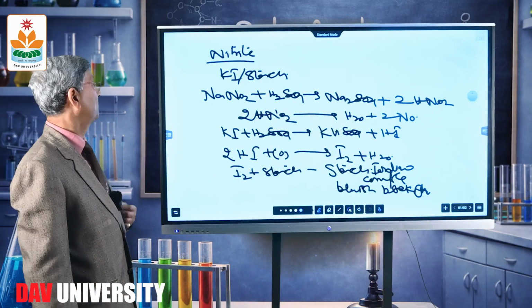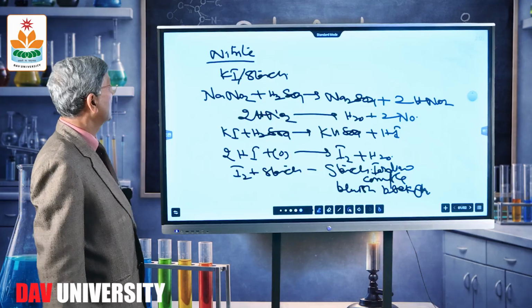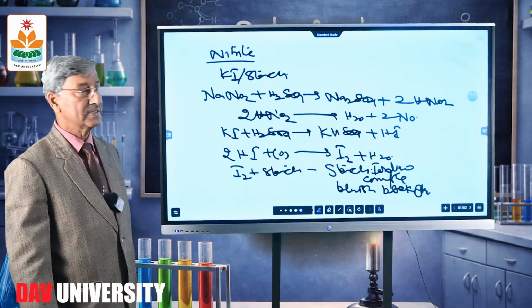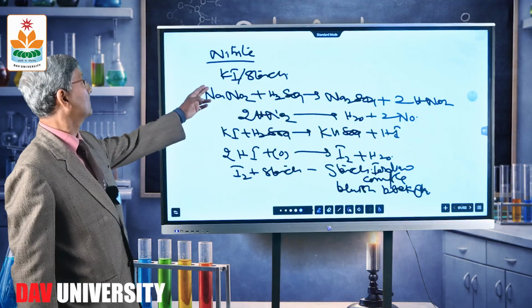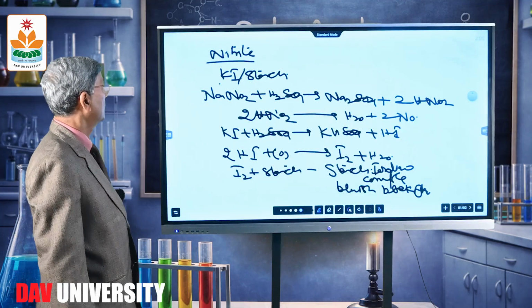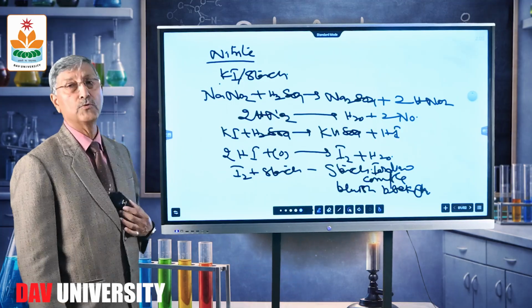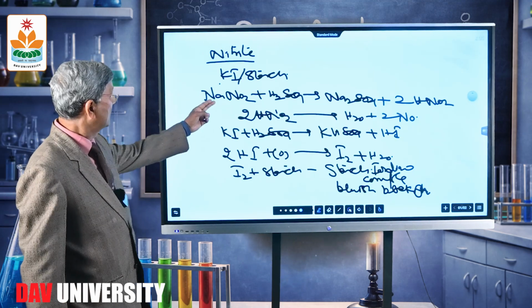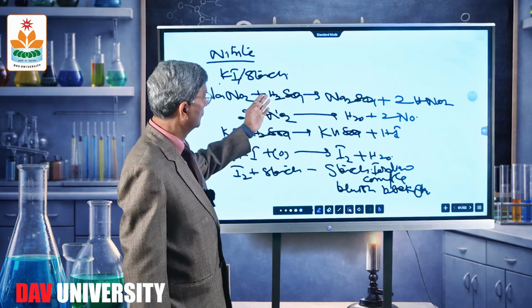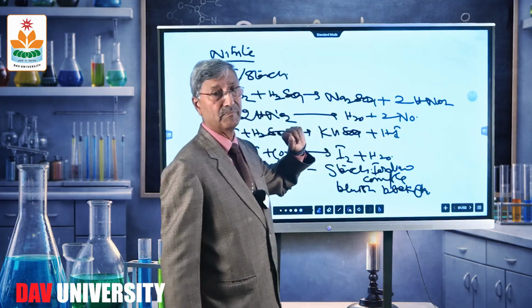So the test is that to the given nitrite solution we add a few drops of dilute H2SO4, followed by the addition of about 1 or 2 milliliters of KI solution and 2-3 drops of starch. Nitrite on reaction with dilute H2SO4 gives us nitrous acid.